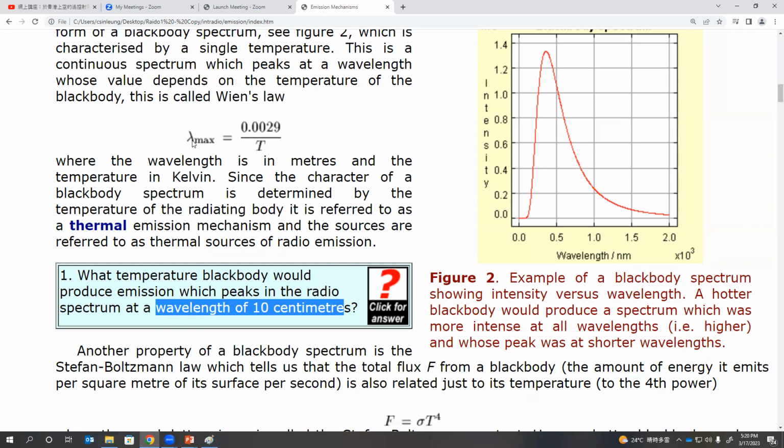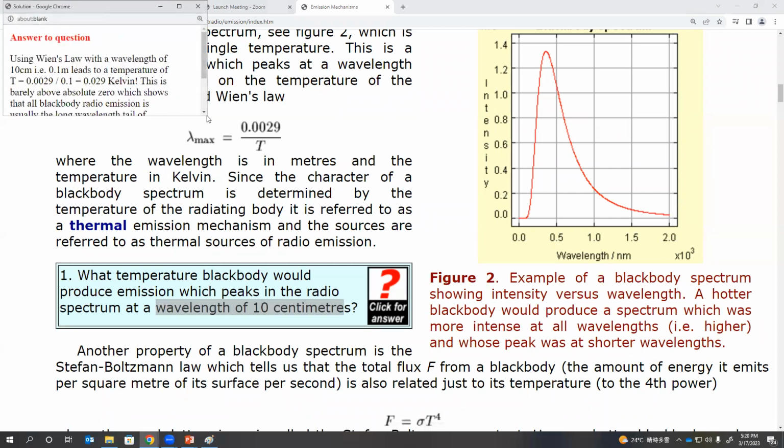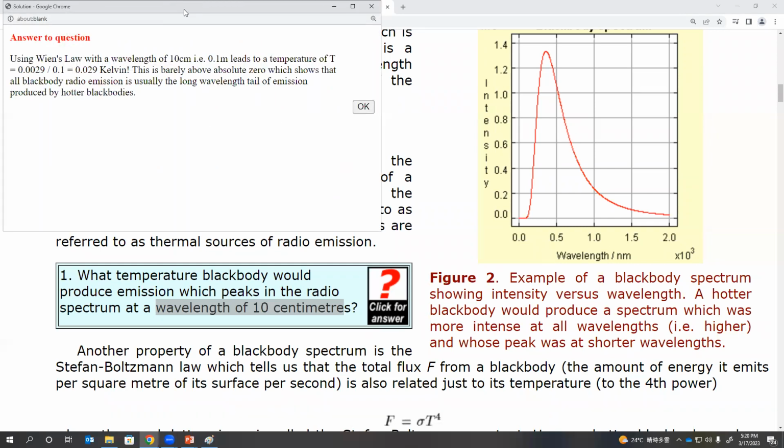For lambda maximum, the wavelength, equal to 0.1 meter, you plug it in, and then you can easily calculate the corresponding temperature. So the answer is 0.0029 divided by 0.1, and we will get 0.029 Kelvin.